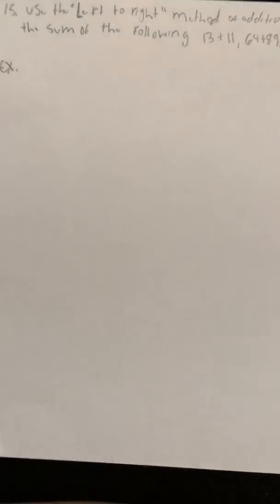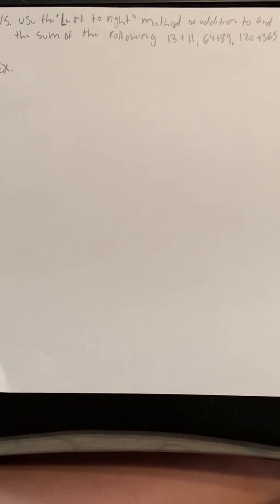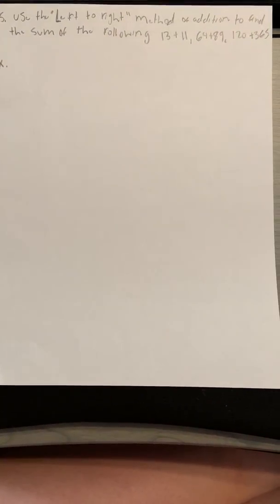So on to number 15. We are going to use the left to right method of addition to find the sum of the following: 13 plus 11, 64 plus 89, and 120 plus 365. So 13 plus 11, this one's pretty easy.